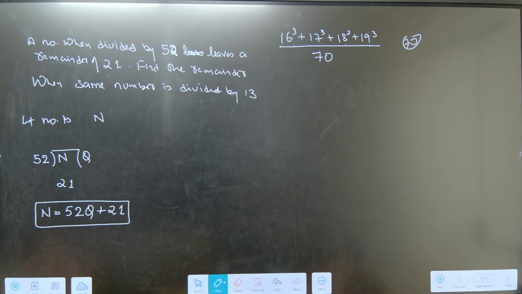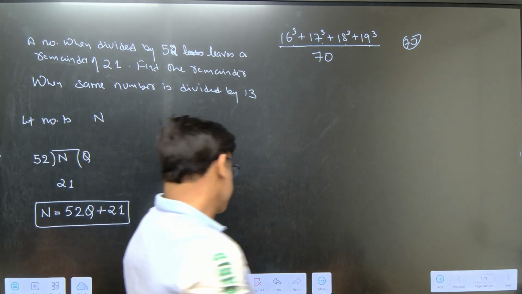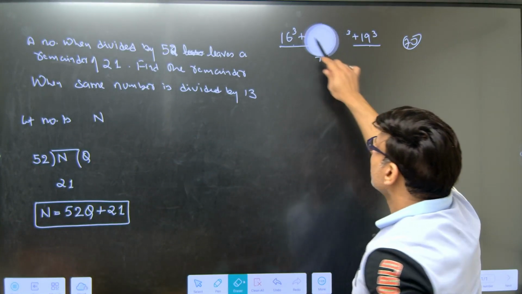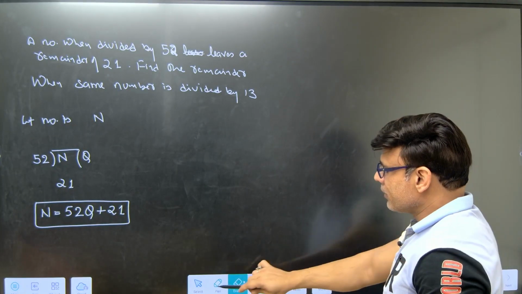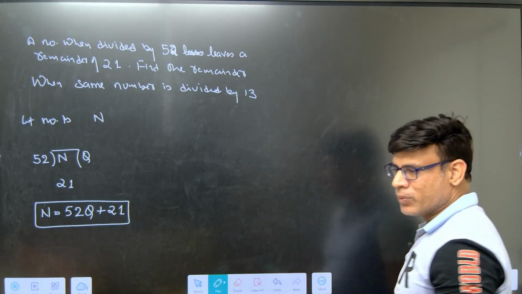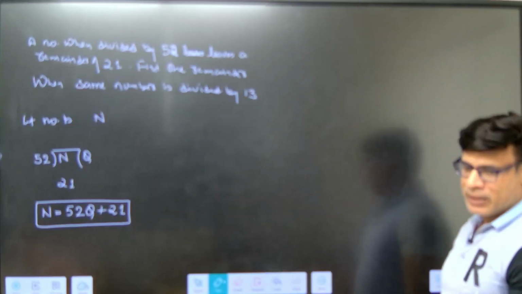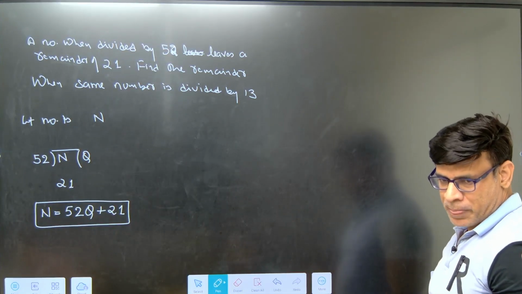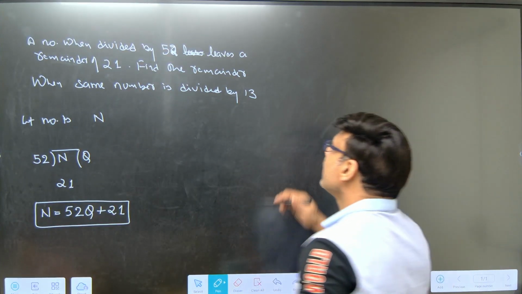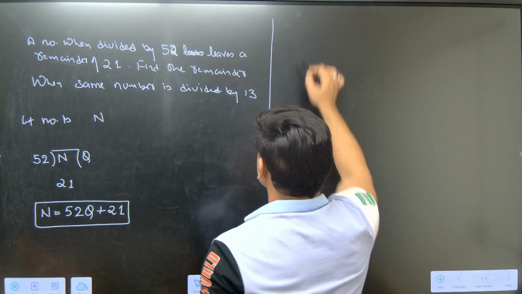Now q can be anything. It can be 1, 2, 3, 4, 5, 6, anything. Now they are saying when the same number, 52q plus 21, is divided by 13, what is the remainder? Let's put q equal to 1.